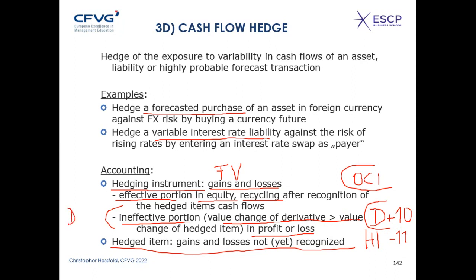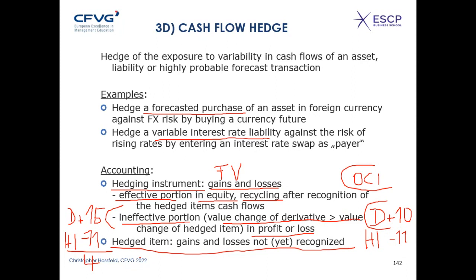If, on the other hand, the derivative changes by 15, assuming the hedged item changes by 11, then here we have an ineffective portion. And the ineffective portion would be 4. Because for 4, the derivative changes more than the hedged item. And that means, well, I overhedge in a sense.